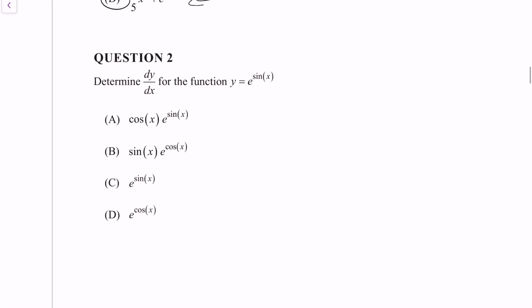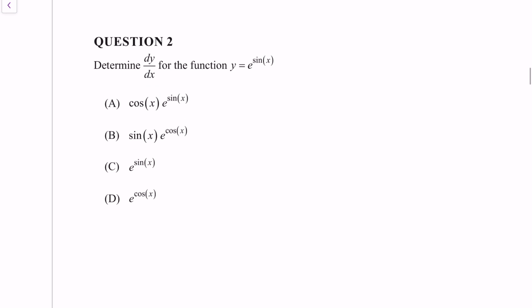So, good quick one. And question 2, determine dy dx for the function y equals e to the sine x. We can instantly know that we have two different types of functions here, so we can use the chain rule, where we let u equal something significant.